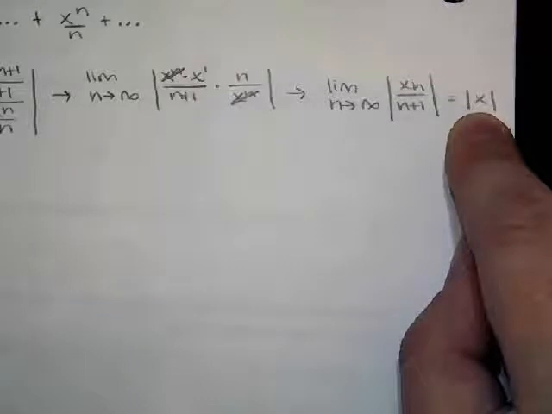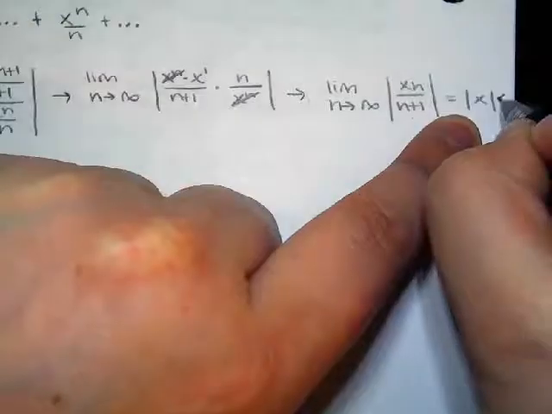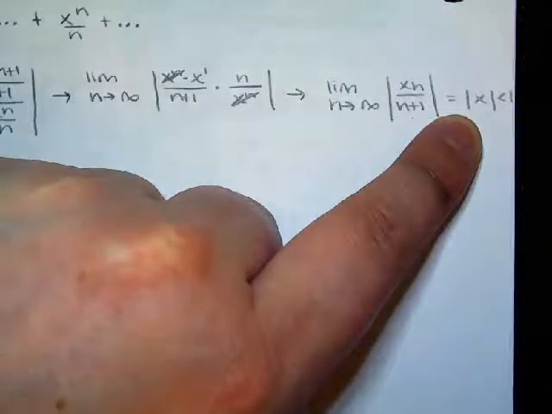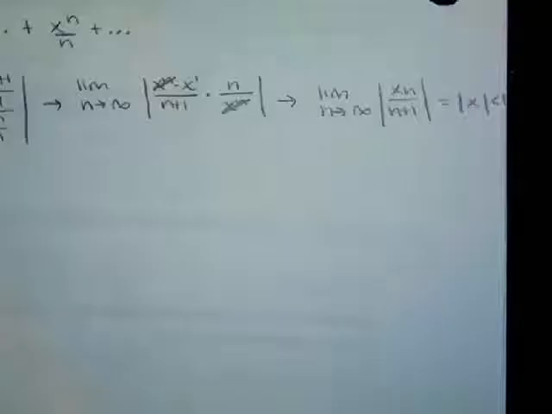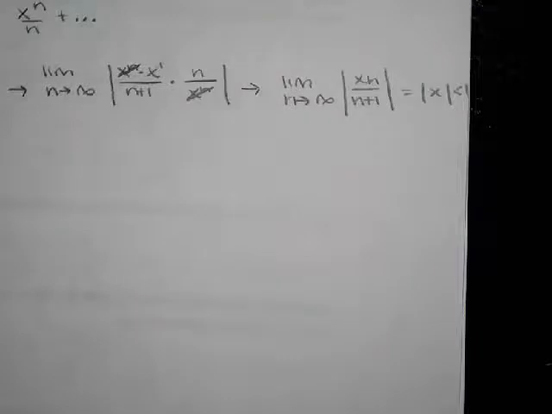So if x is less than 1, then this is going to converge. So if the center is 0, then the radius is 1, basically. We're looking at from 0, we can go 1 to the left, we can go 1 to the right. So right now we're saying if our number is between -1 and +1, it looks like we'll be okay.